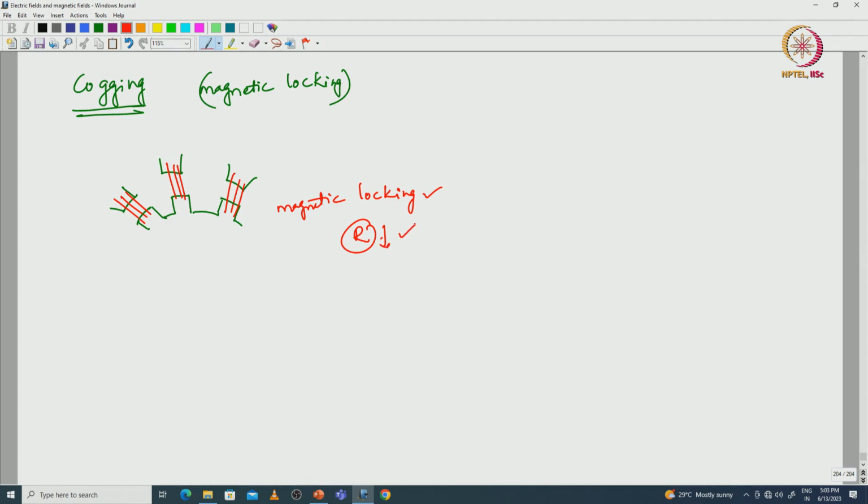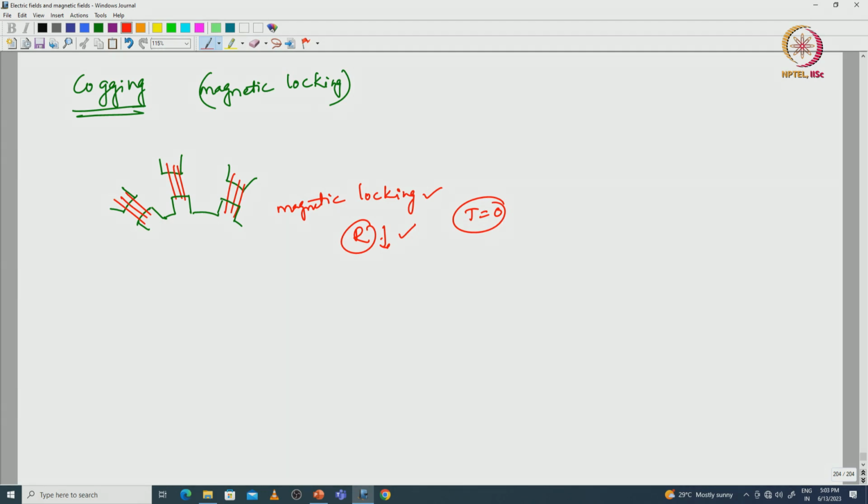In an induction machine, if magnetic locking is happening it means there is no torque and there is no interaction between the current carrying conductor and the rotating magnetic field. In this condition, torque will be equal to 0 or unwanted torques will happen.